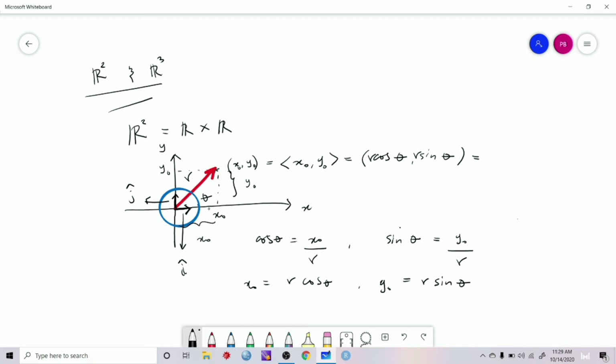So we may write the vector (x naught, y naught) as x naught times i hat plus y naught times j hat. So we have four ways to represent this point here.